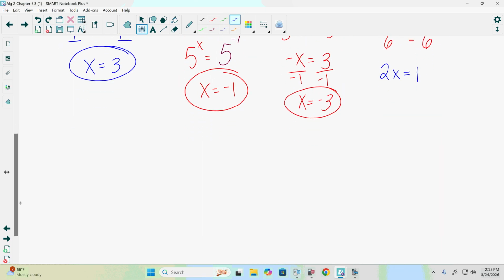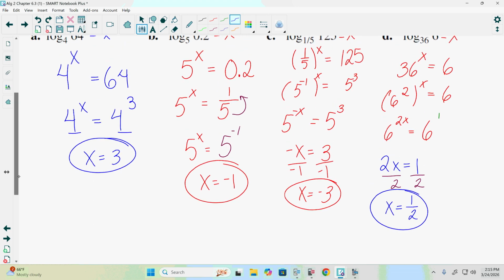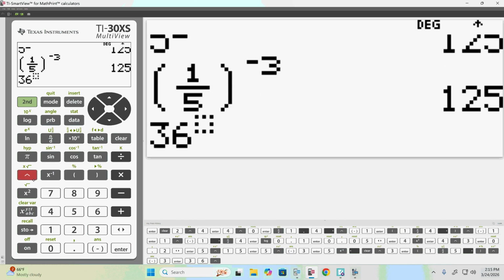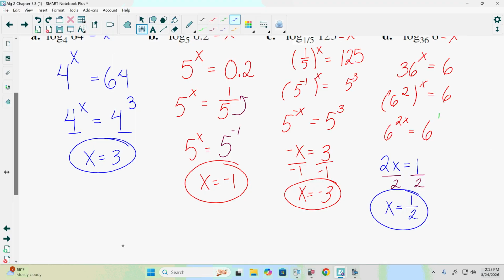How would we solve this here? Divide both sides by 2, telling us x is 1/2. 36 to the 1/2 power is indeed 6.